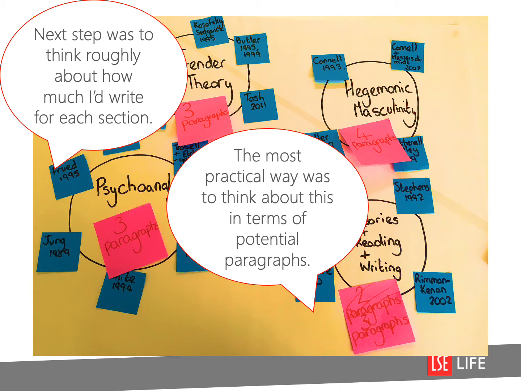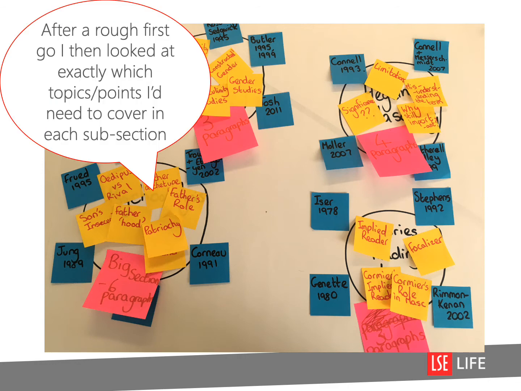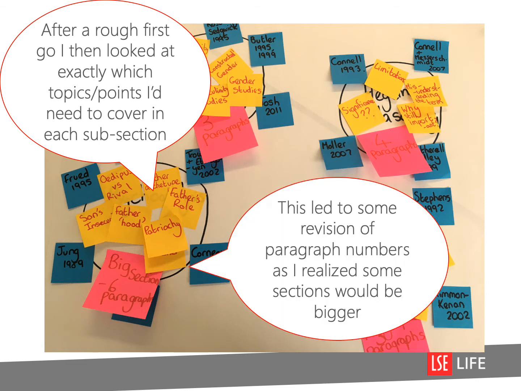The most practical way to think about this was in terms of potential paragraphs, based on roughly how much content I thought each section may involve. After a rough first go, I then looked at exactly which topics and points I'd need to cover in each subsection. This led to some revision of paragraph numbers, as I realised some sections would need to be bigger than I'd first thought.